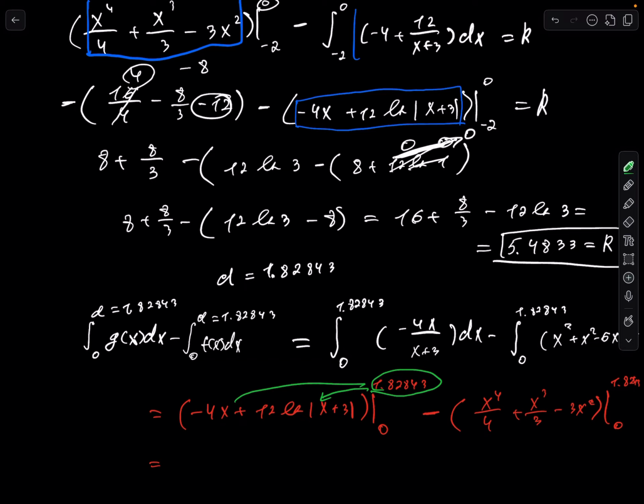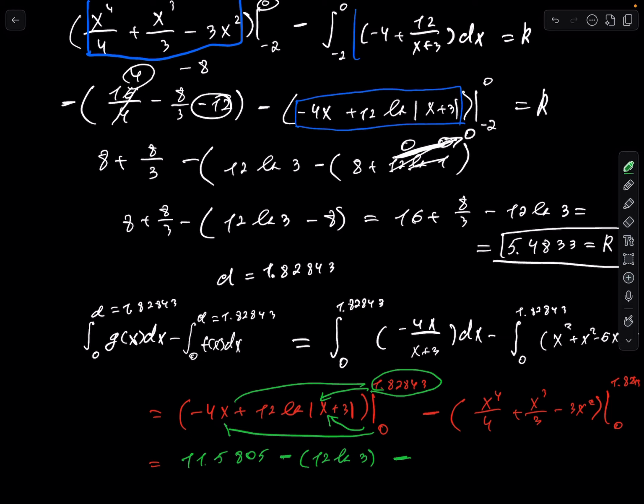That is equal to 11.5805. Then minus the function value at 0. This is going to be 0, and this is going to be 12 times natural log of 3.